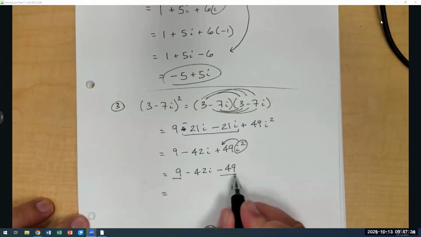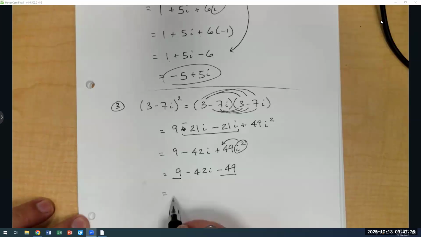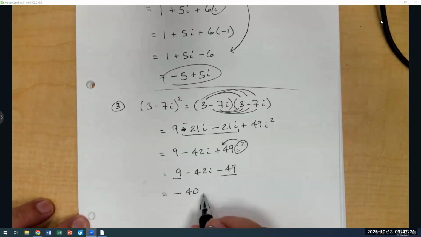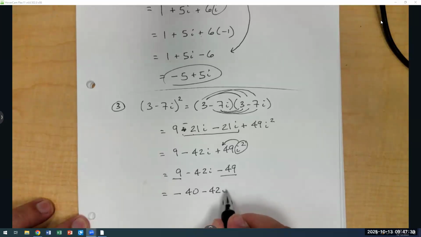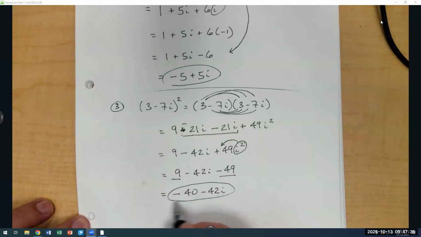Positive 9, negative 49. So its answer is going to be negative. 49 minus 9 is 40. Minus 42i. And there's your answer.